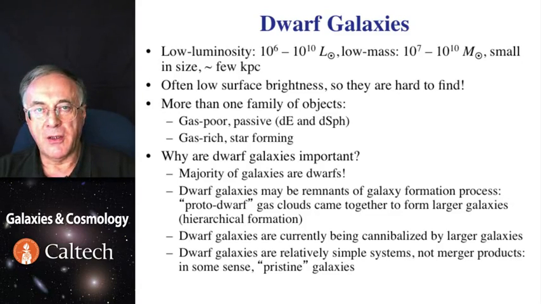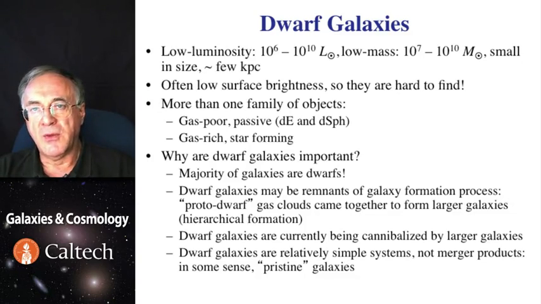By and large, unless they have a lot of star formation, they have very low surface brightness, and so they're very hard to spot. And just like the majority of all stars are dwarfs, the majority of all galaxies are also dwarfs. Numerically, they're more important than traditional galaxies of the Hubble sequence, but they actually don't contain a very significant amount of mass or luminosity.